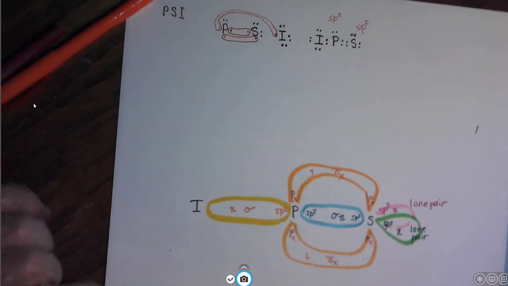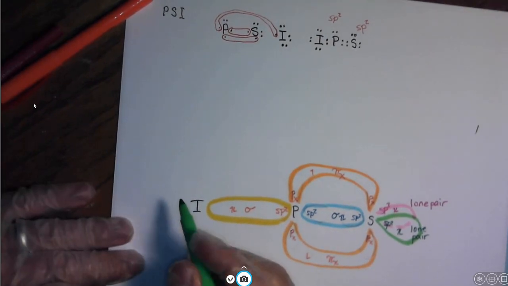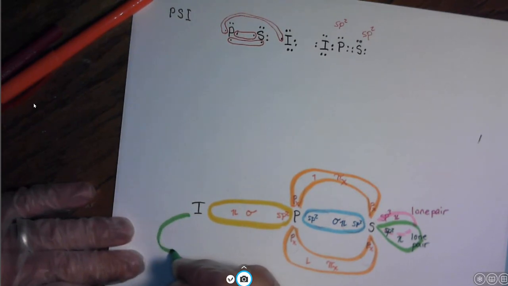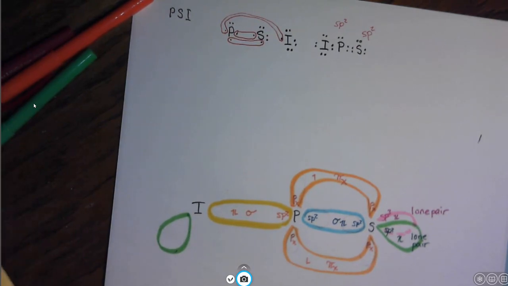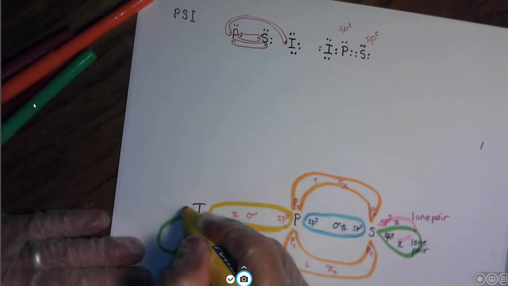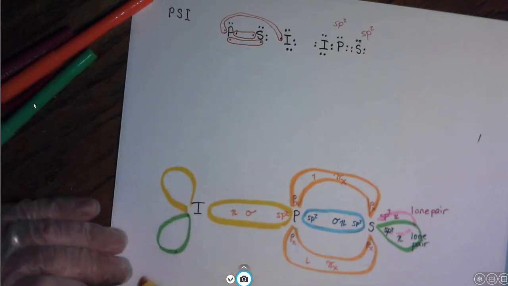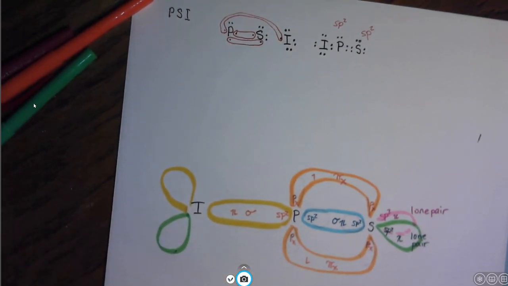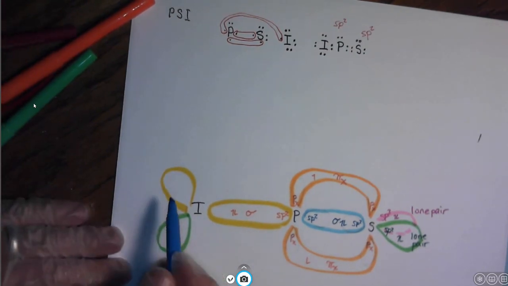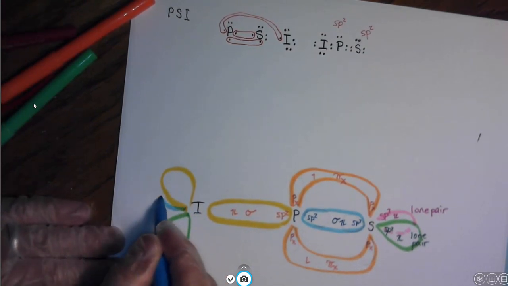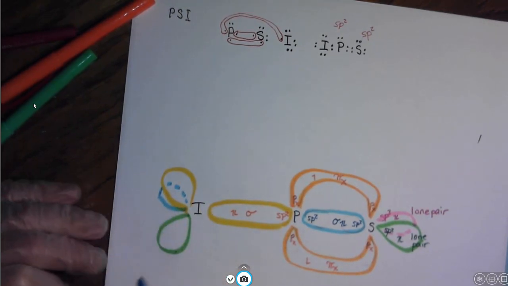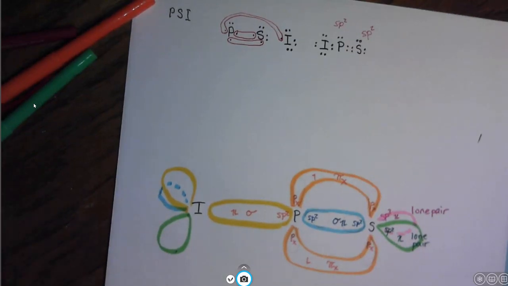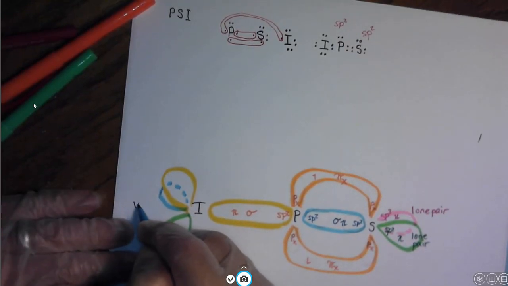So I'm going to have a lone pair coming like this, and a lone pair coming out toward you, and one tucked in behind everything. Let's put that in blue, I suppose. All right, so this is a lone pair.